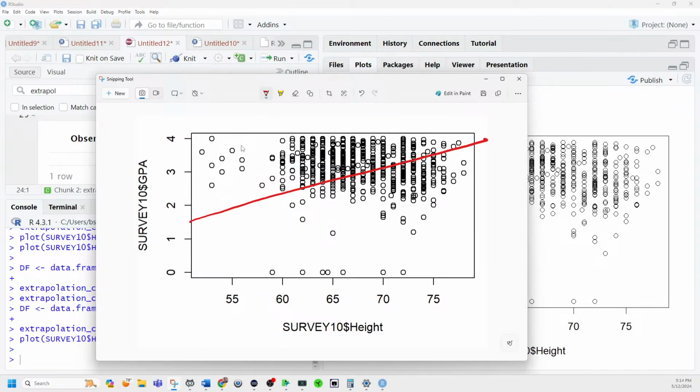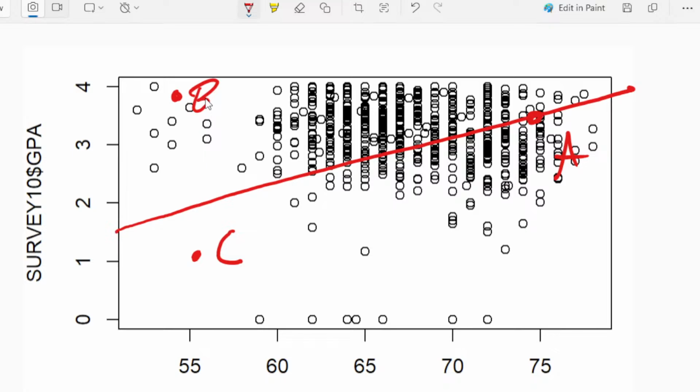Which of these points, A, B, or C, would require the most extrapolation?